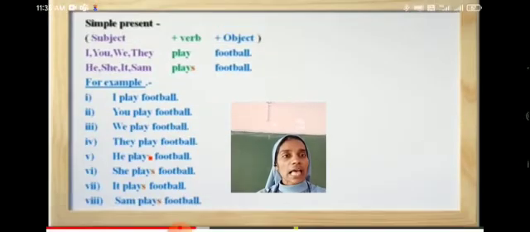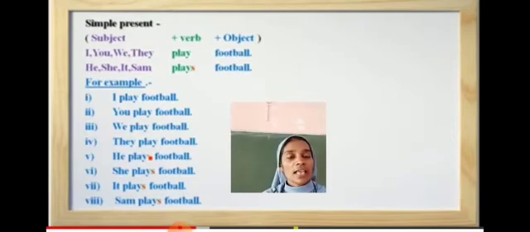This is the affirmative sentence, that means positive sentence. I play football. You play football. We play football. They play football. He plays football. She plays football. It plays football. Sham plays football.